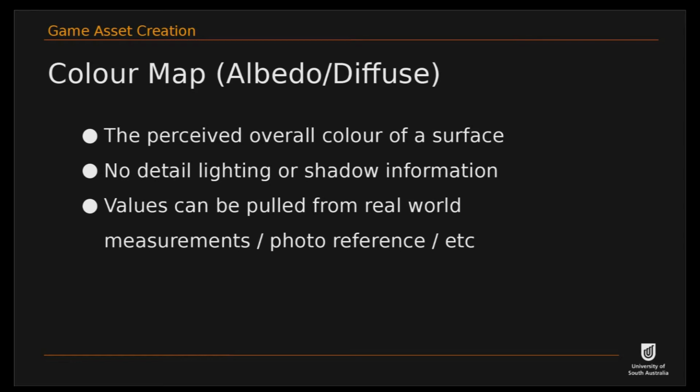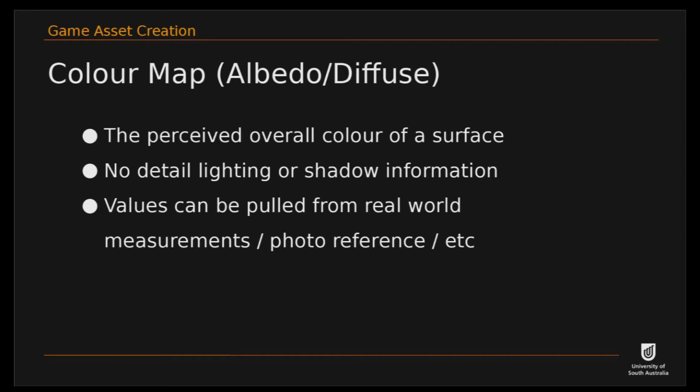So again, what I was saying about the color / albedo / diffuse map. It is the perceived overall color of a surface. What that means is if you were to take a photo of an object and slap that on as the texture, that photo, for the most part, is going to have lighting in it as part of the photo because the object has lighting in the real world.